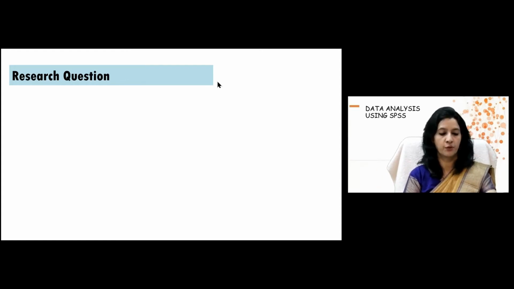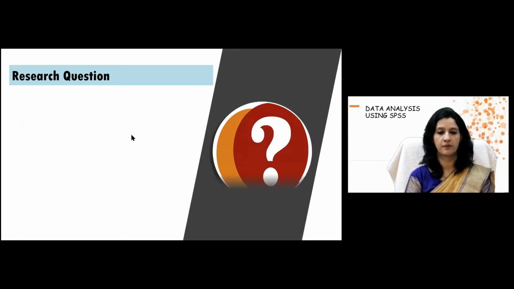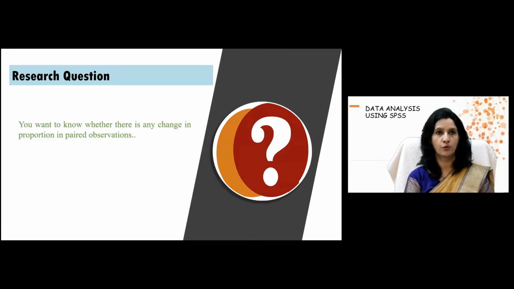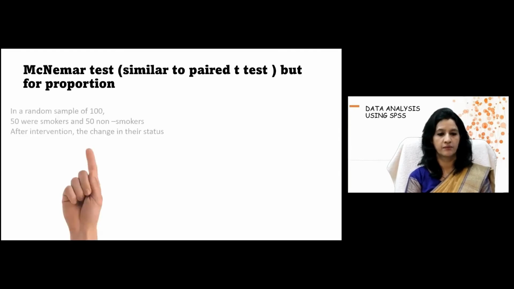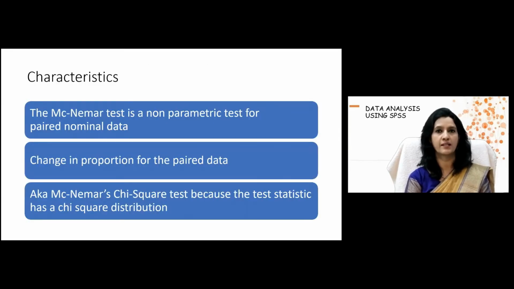But if you see the research question, it would be like, if I want to know whether there is any change in proportion in paired observation. So we'll see in the example, like you want to see the proportion of students.